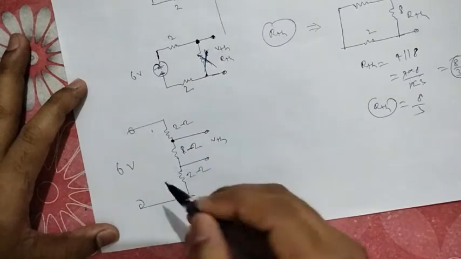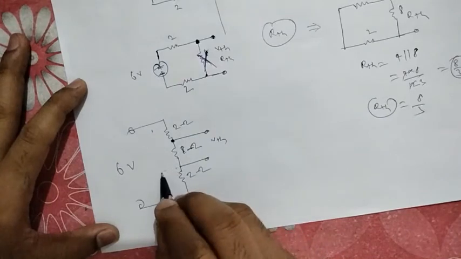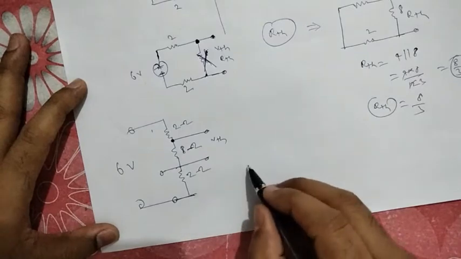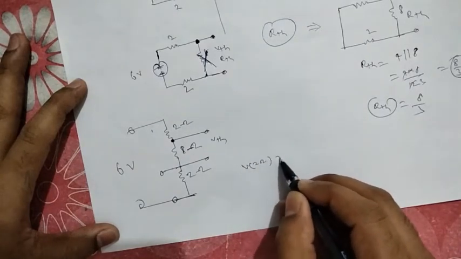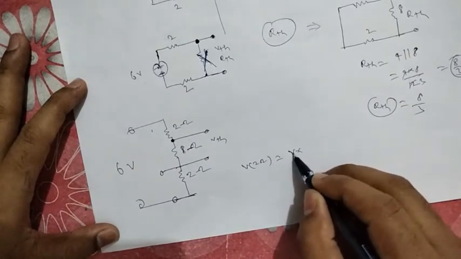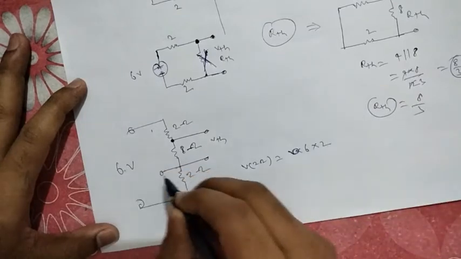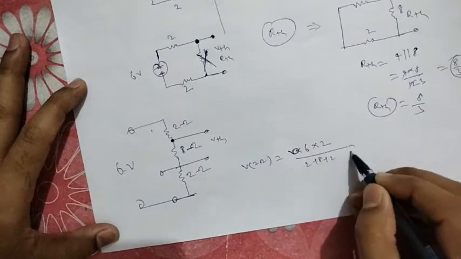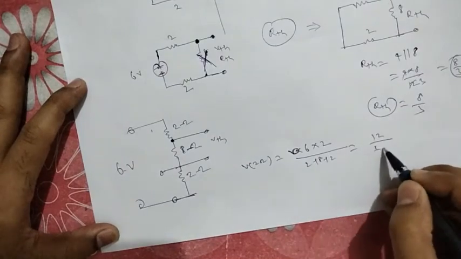What will be VThevenin? First calculate the voltage across this 2 ohm. The voltage across this 2 ohm is 6 volt into 2 by total resistance 2 plus 8 plus 2, that is 12 by 14.